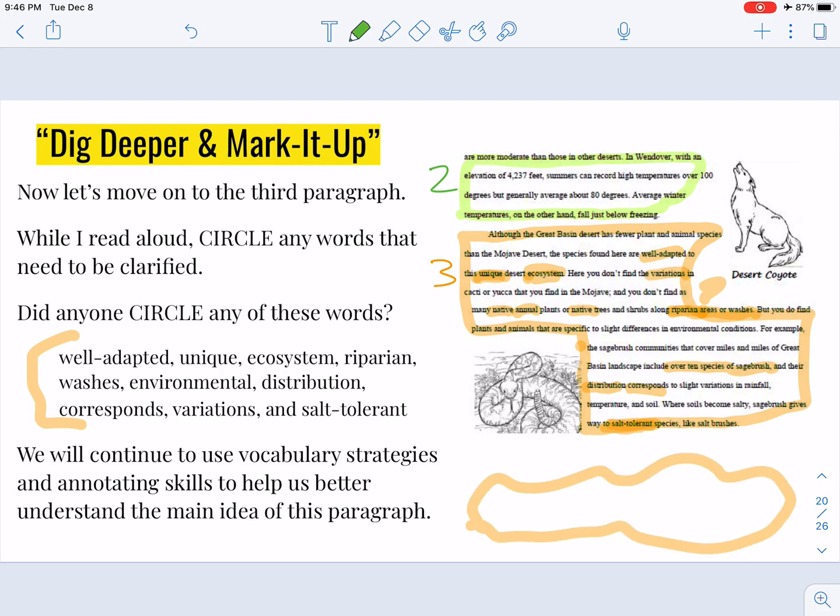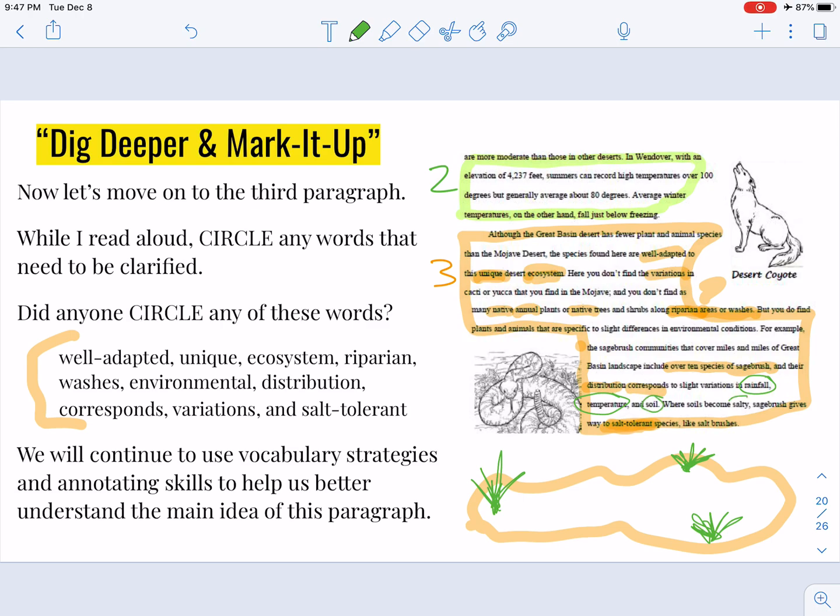So I might have some kinds of sagebrush over here, and I have a different kind over here, and another kind over here. And they're all different kinds, and they're distributed to make sure that they can withstand the right amount of rain, the right temperature, and the right soil.